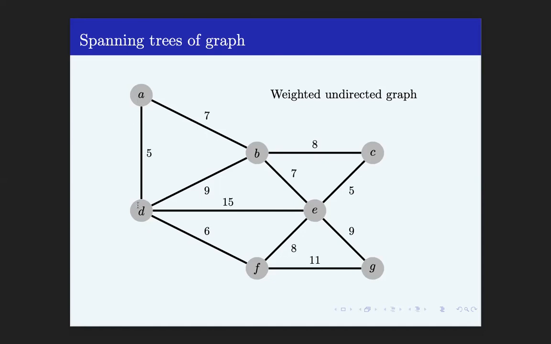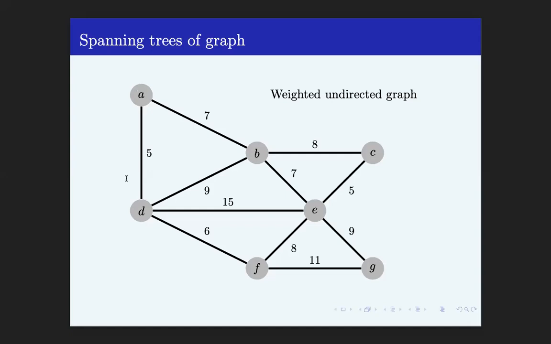So if somebody comes up and says, here is a different MST which doesn't use AD, what I can do is just add AD. If I add AD, it will produce a unique cycle. And now I can remove any edge from that cycle to get another spanning tree.